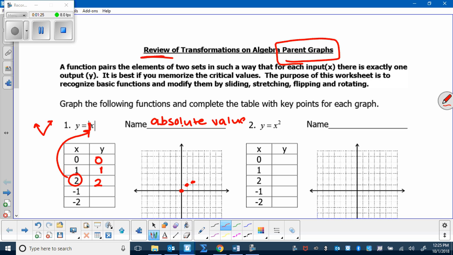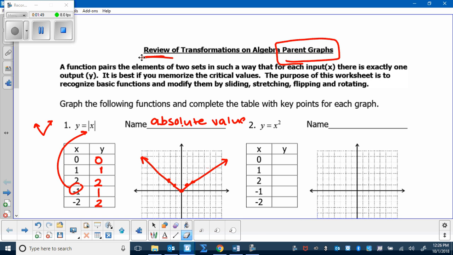So 2, 2 is another point. If you plug in -1 for x, the absolute value of -1 is 1. So -1, 1 will be a point right there. And I think you can see the pattern. -2, 2 is a point right here. So this is the V that you get for your parent function of absolute value of x.